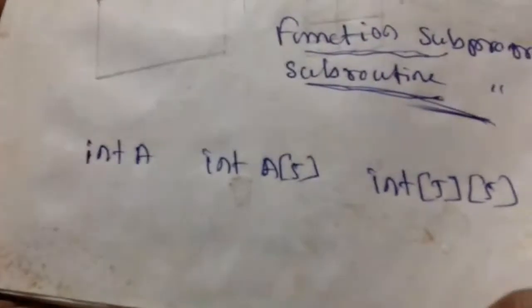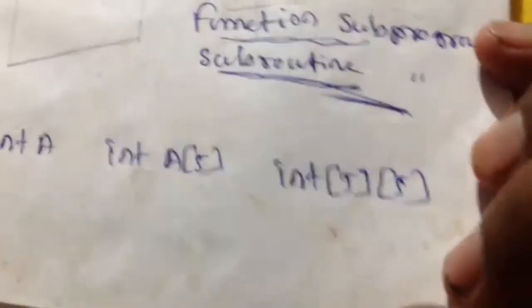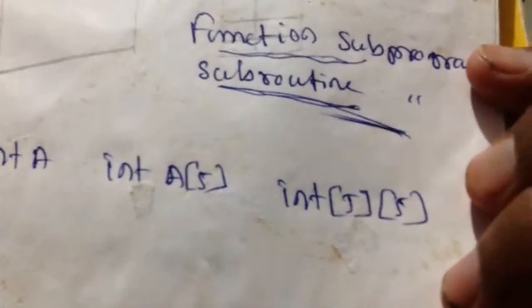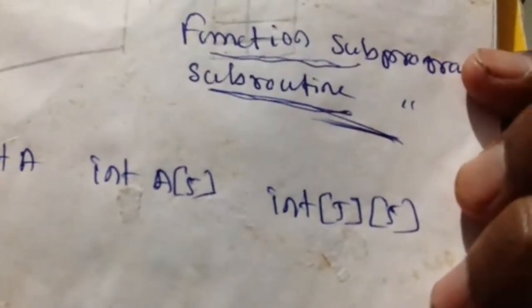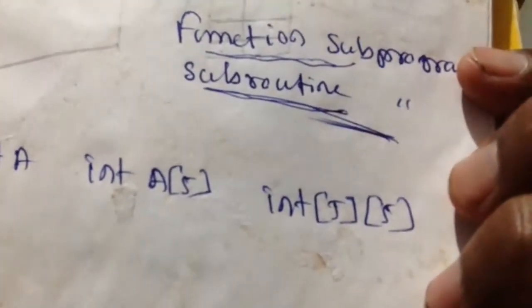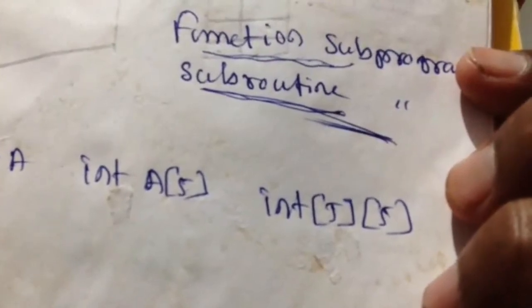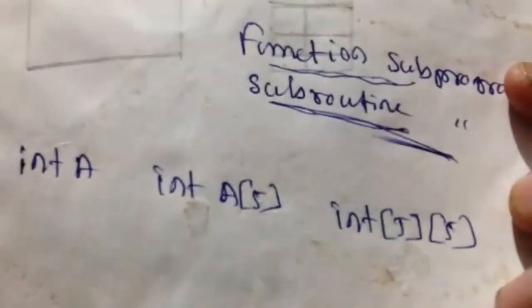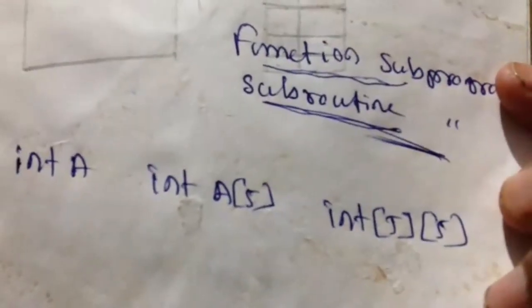Okay, the conclusion is that till now we have int a, int a[5] and so on. All are variables, but the definitions are different.